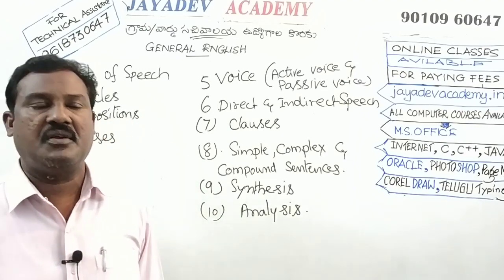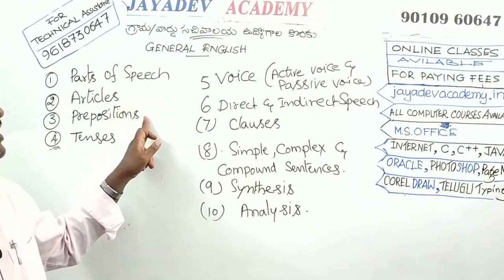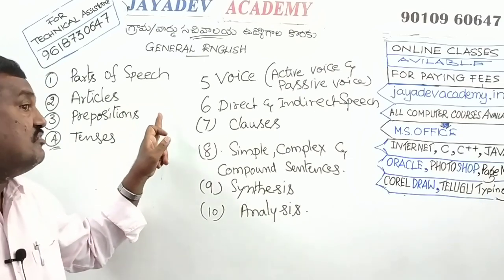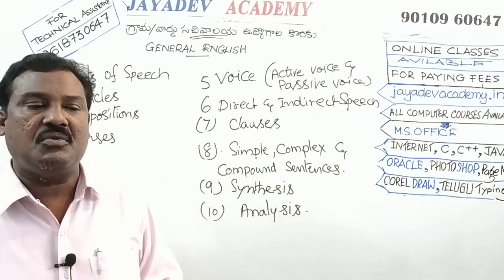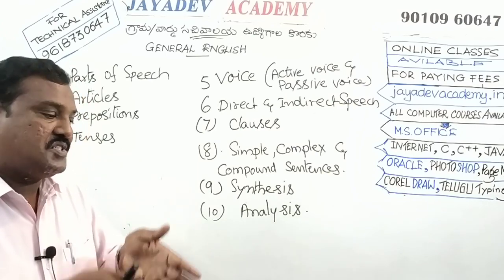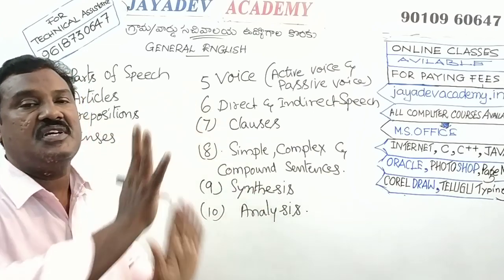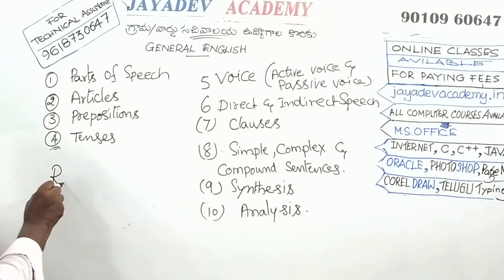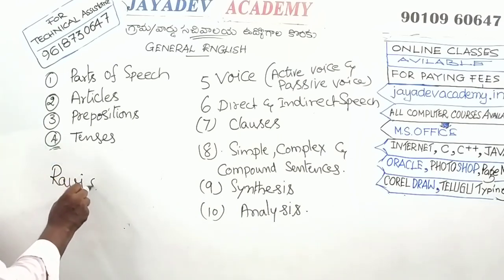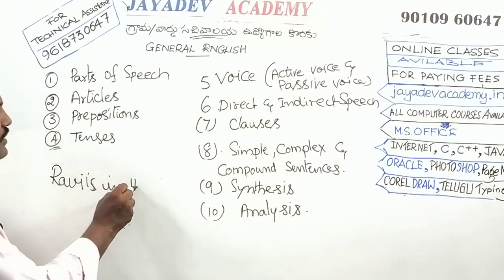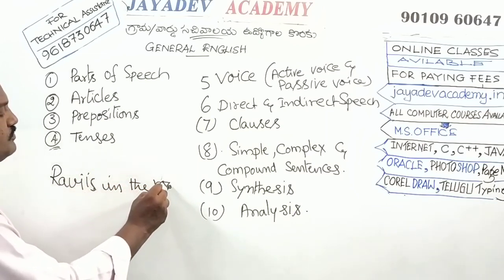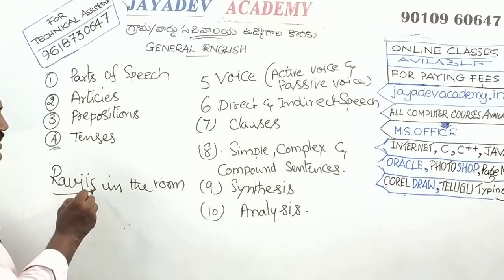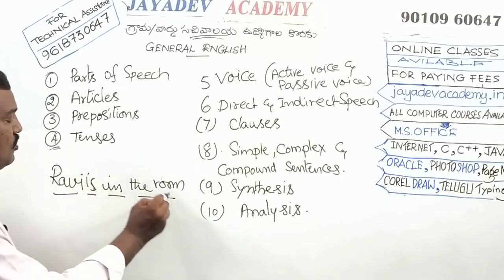Now come to preposition. Preposition is also an important topic. Preposition is a word which is used before a noun to show its relation with another word in a sentence. For example, Ravi is in the room.